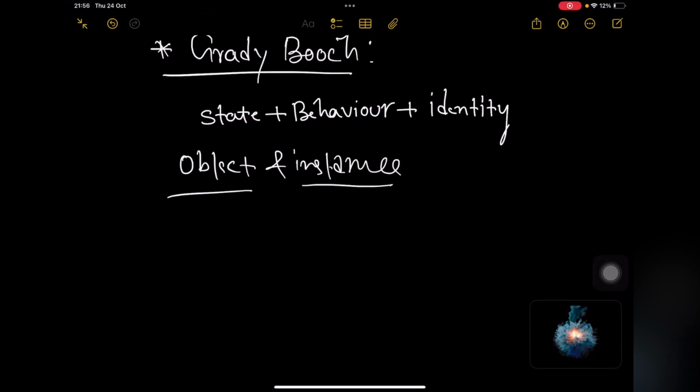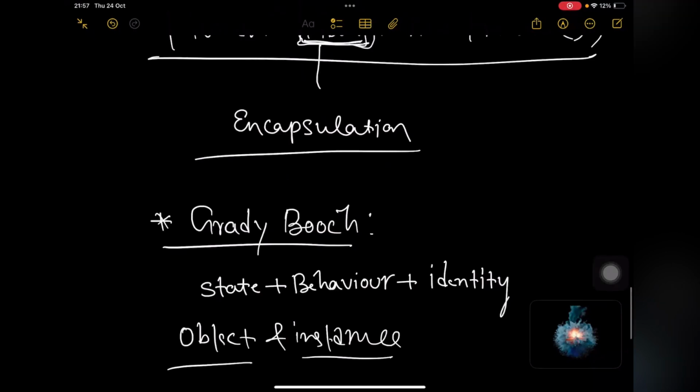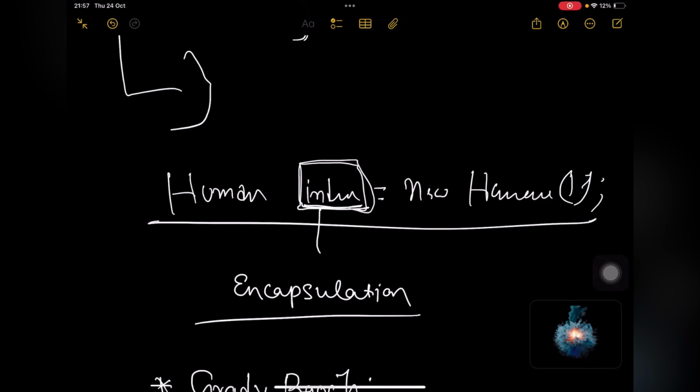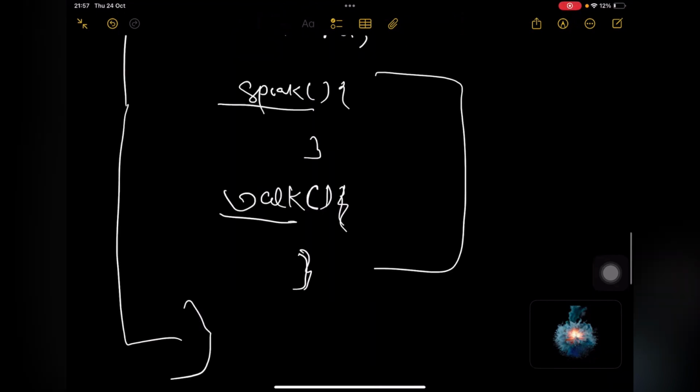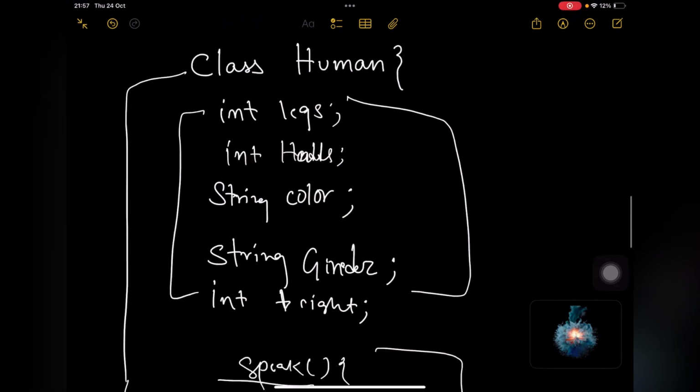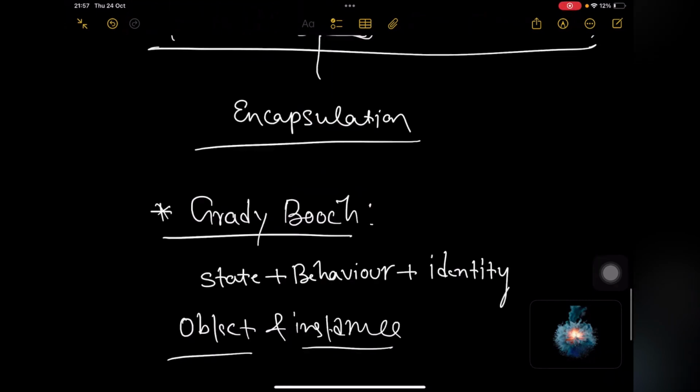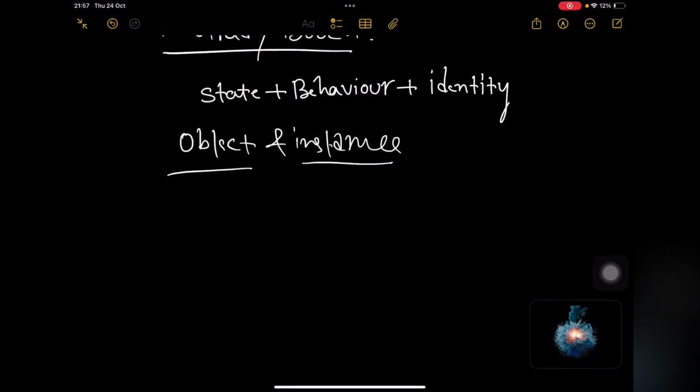Now in the OOPS concept we have discussed what an object is. And encapsulation means binding methods and properties together as a single unit. So we have done that.